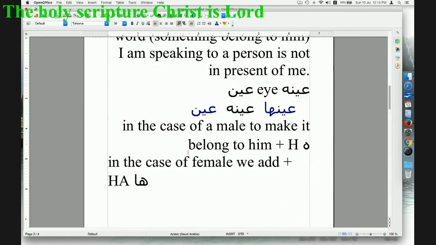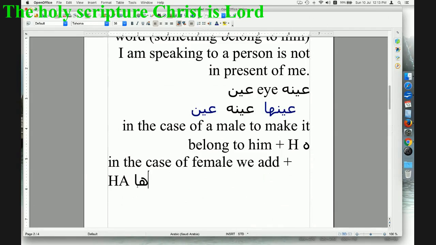So to make it belong to her as a female, we add ha, which contains two letters. In the case of male, we add only one letter, which is ha by itself.